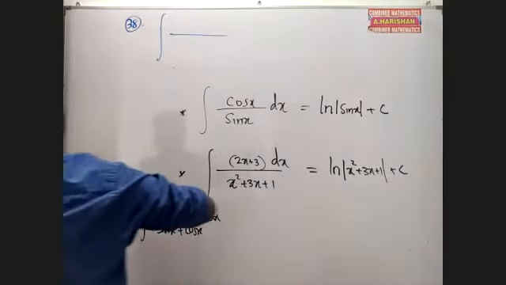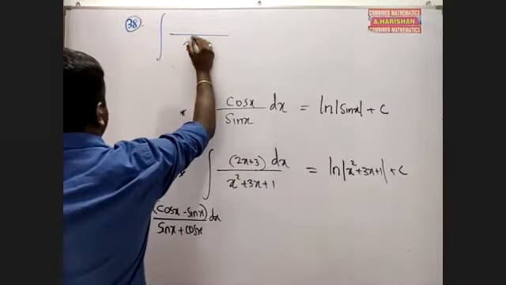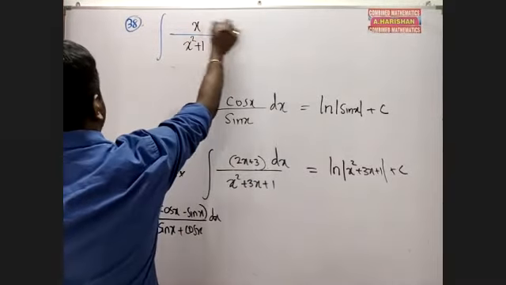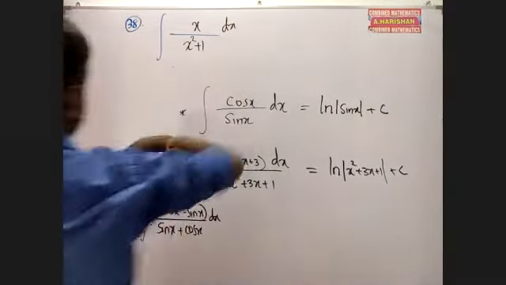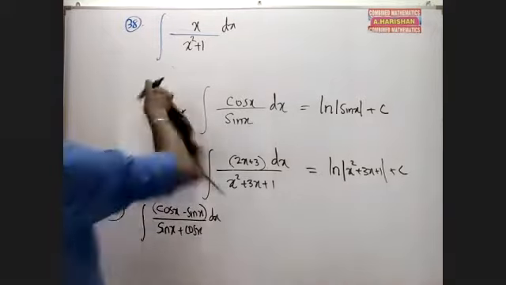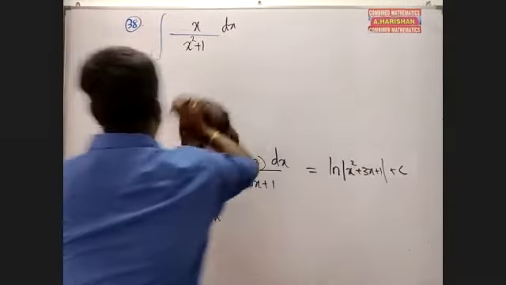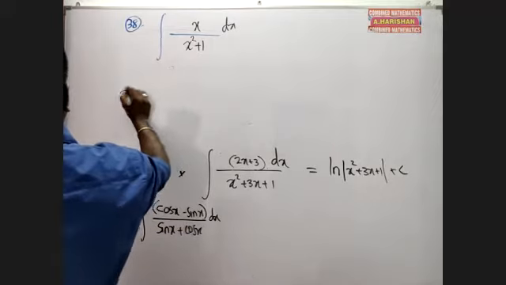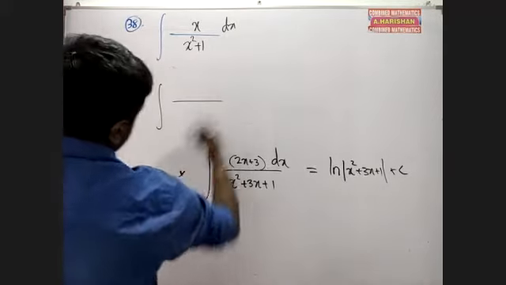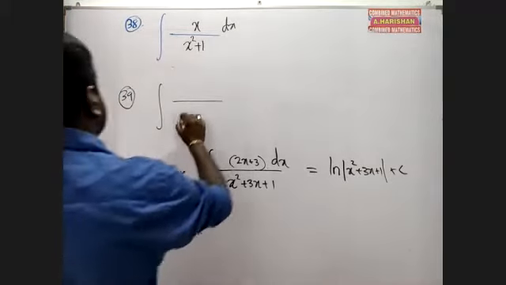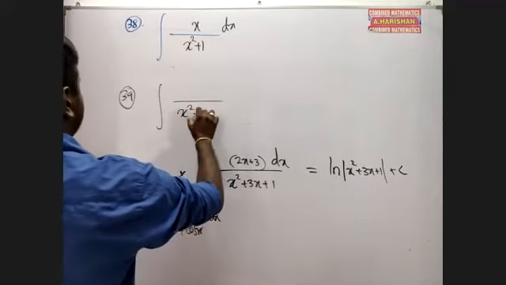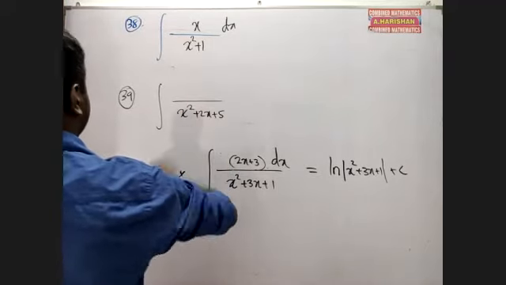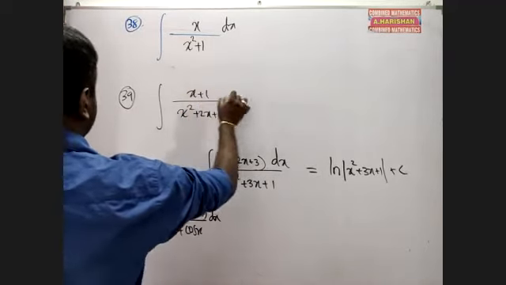That is x over (x squared plus 1) dx. The easy one. I erase this one. The 39th question is going to be (x plus 1) over (x squared plus 2x plus 5) dx.